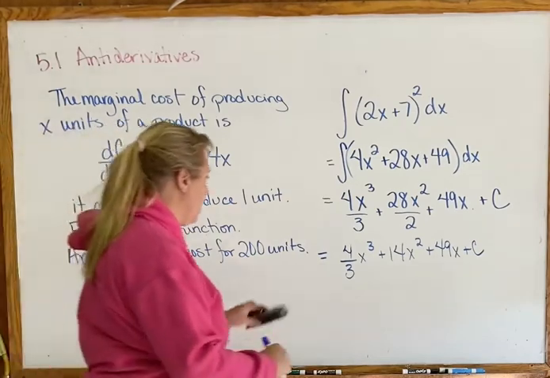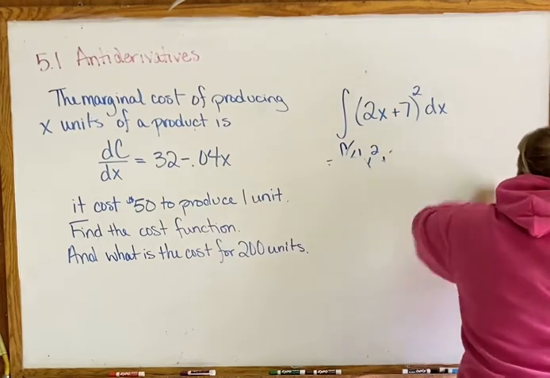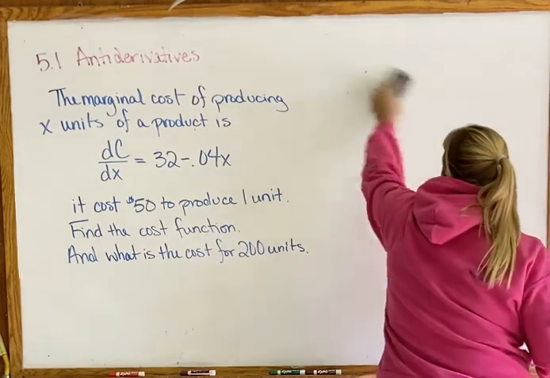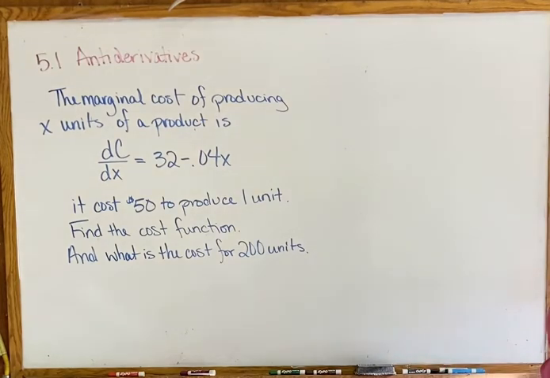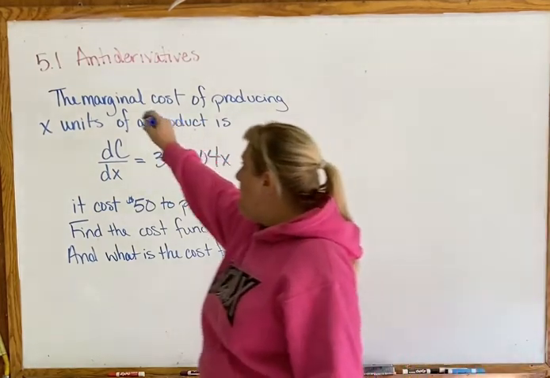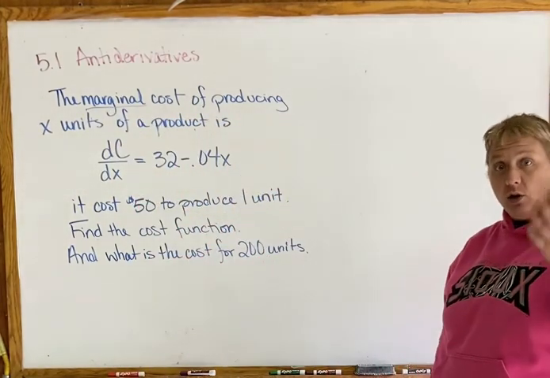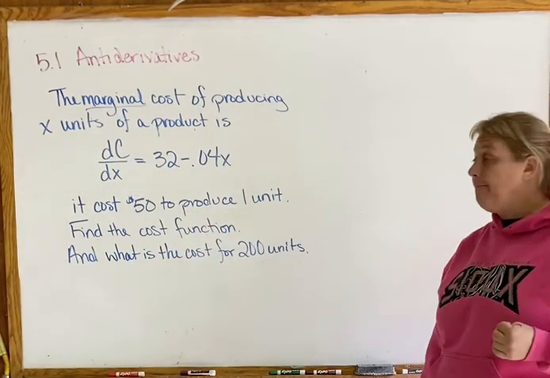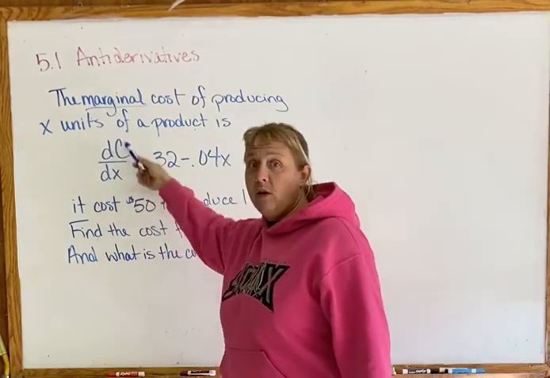Okay, so two-parter on this one. Now, you've got to read the problem carefully. Make sure that you understand what you've been given. This one starts off right off the bat by saying the marginal cost. When you hear the word marginal, that's your clue: derivative, right? Even in the notation, they use the derivative notation.